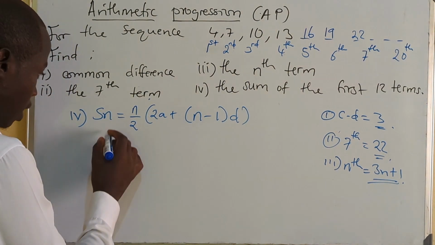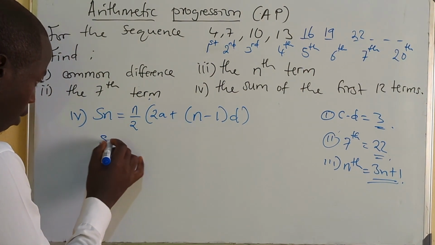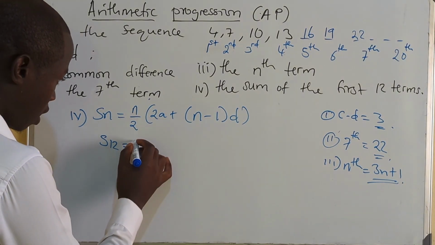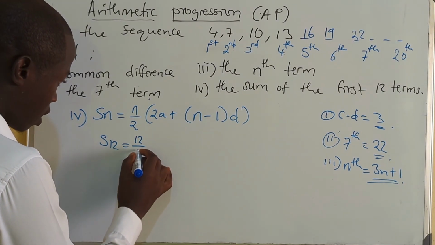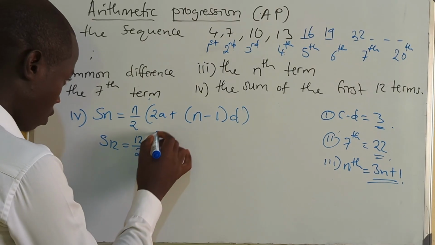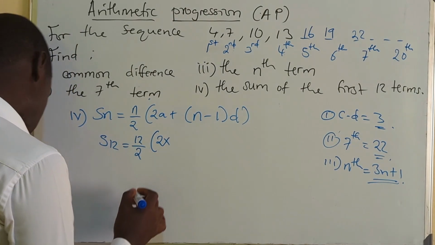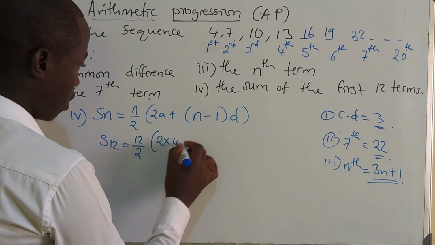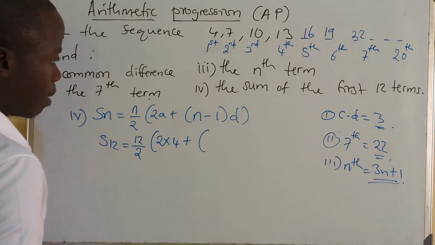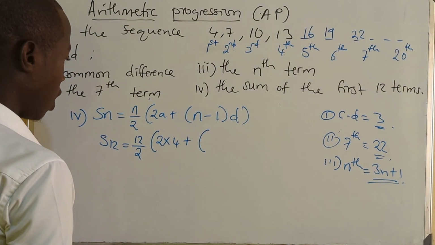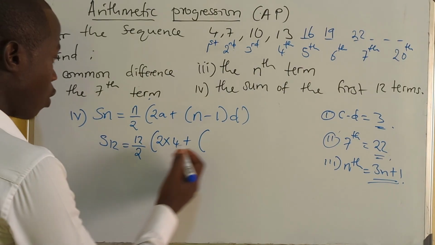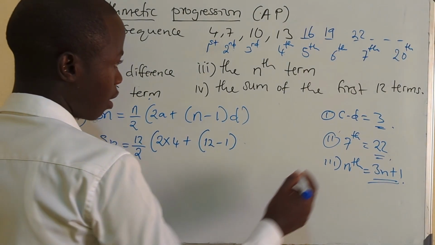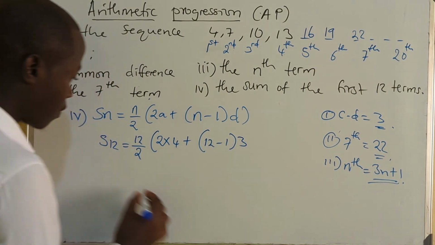Now here, for n we are putting 12. So sum of 12 terms is equal to 12, the number of terms, divided by 2, multiplied by 2a, where a, the first term, is 4, plus n minus 1, where n is the number of terms that we are summing, 12. So this is 12 minus 1 multiplied by the common difference, 3.